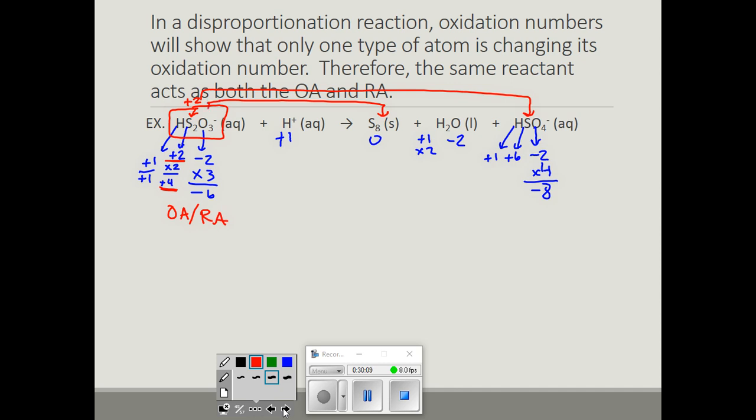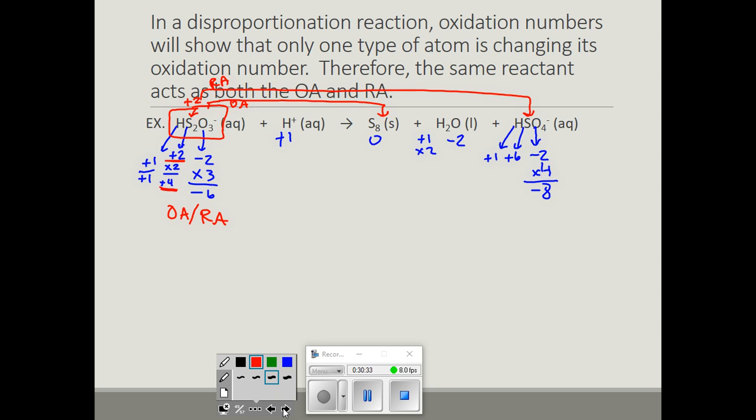The line that I drew that goes to sulfur, just the S8, shows that I went from a positive number down to 0. So this is where it's acting as the oxidizing agent. The line that shows it going from +2 up to +6 is where it's acting as the reducing agent.